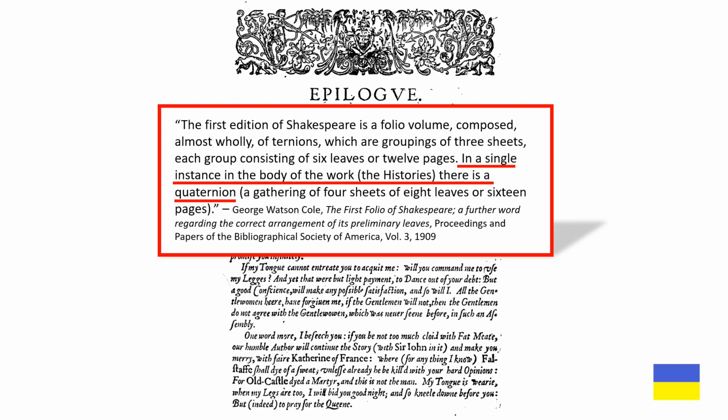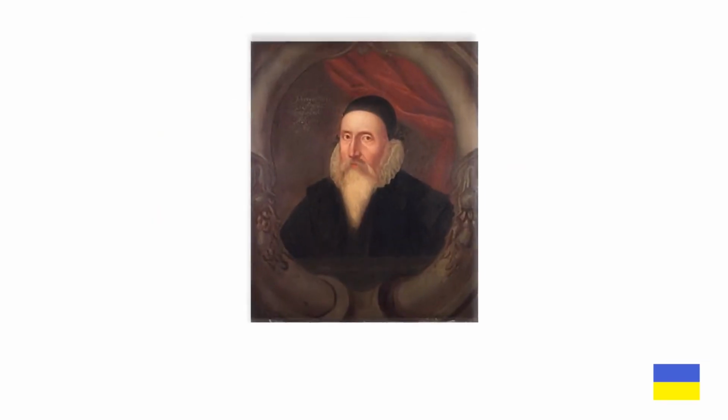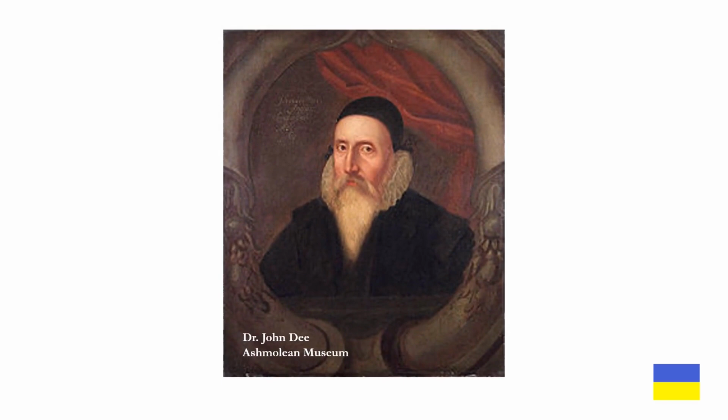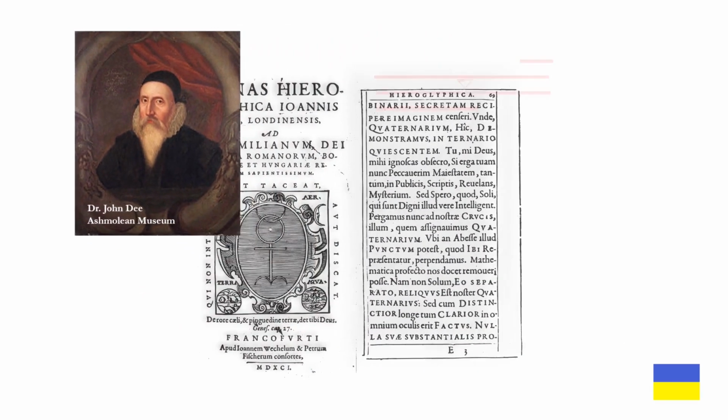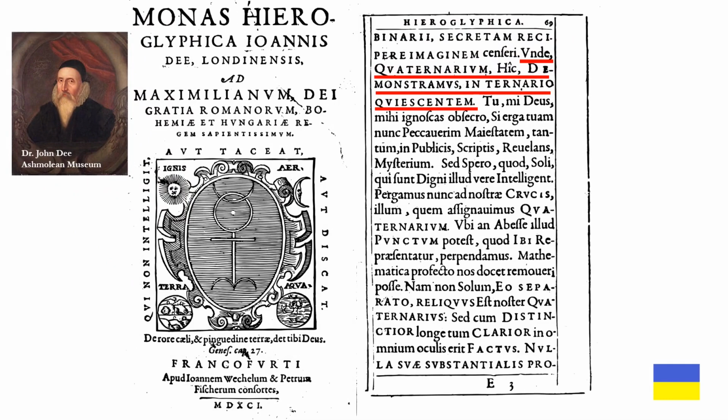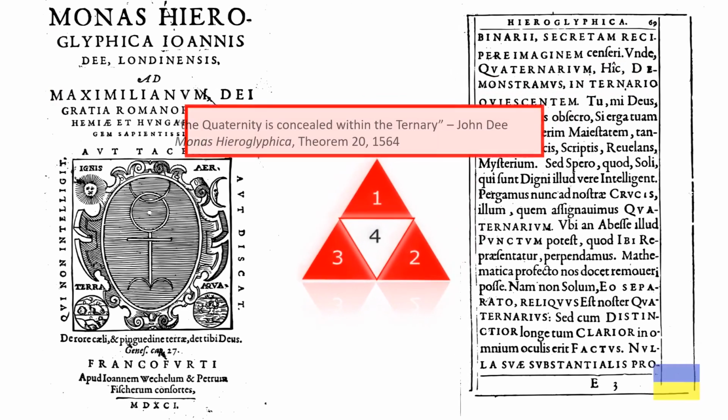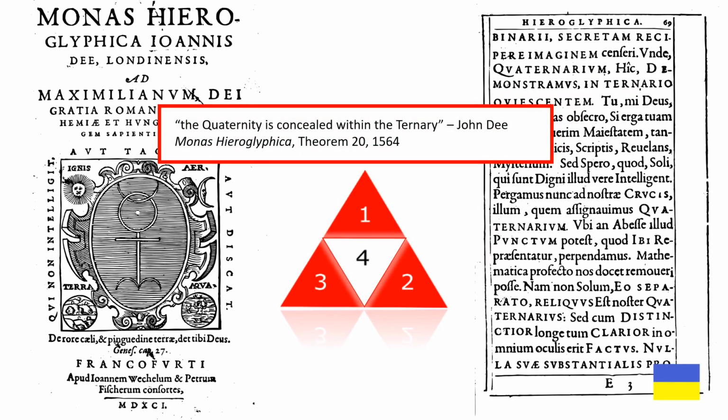When I read this, I knew that he was instantly alluding to something written by this man, Dr. John Dee. In his book Monas Hieroglyphica, theorem 20 reads, "Unde quaternarium hic demonstramus in ternario quiescentem," which roughly translated means, the quaternity is concealed within the ternary.